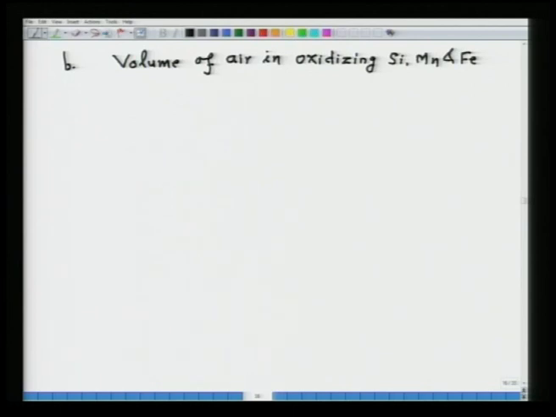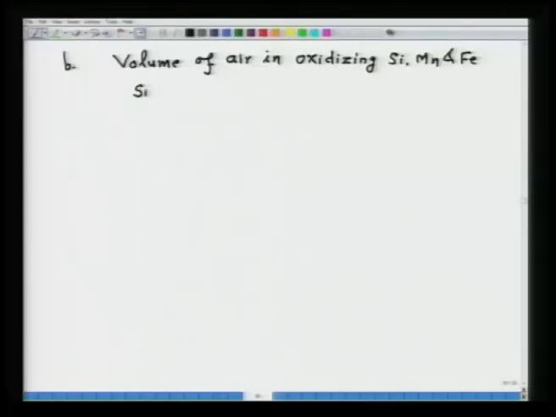We can calculate the volume of air in oxidizing silicon, manganese and iron, because during melting of pig iron, some oxidation of the elements takes place.